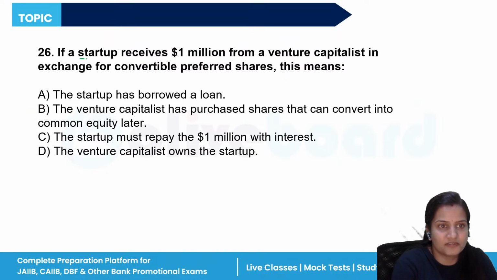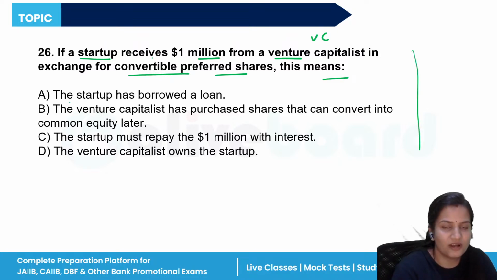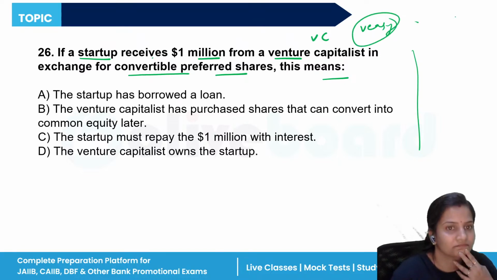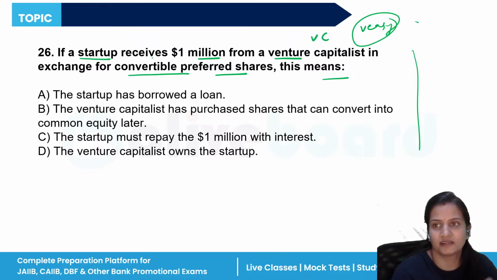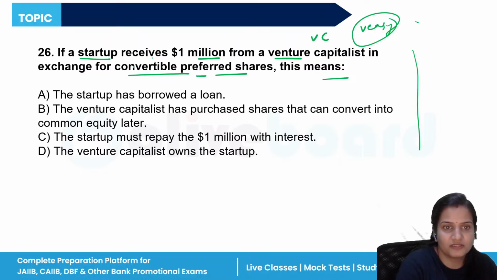Now, if a startup receives $1 million from venture capitalists in exchange for convertible preference shares, what does this mean? Again, the question is large, the options are also large, but the question is very easy. Convertible preference shares are those preference shares which are converted into equity at a specified time.